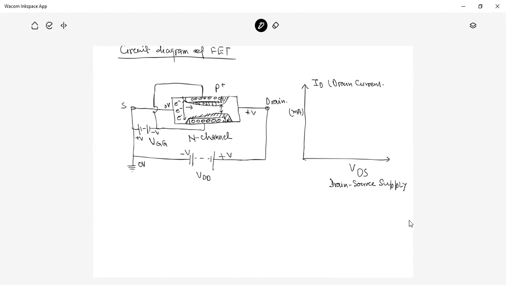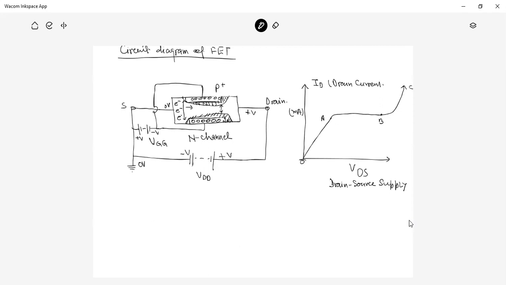So what kind of curve is it? First, it is 0 to A, then A to B, and then B to C.